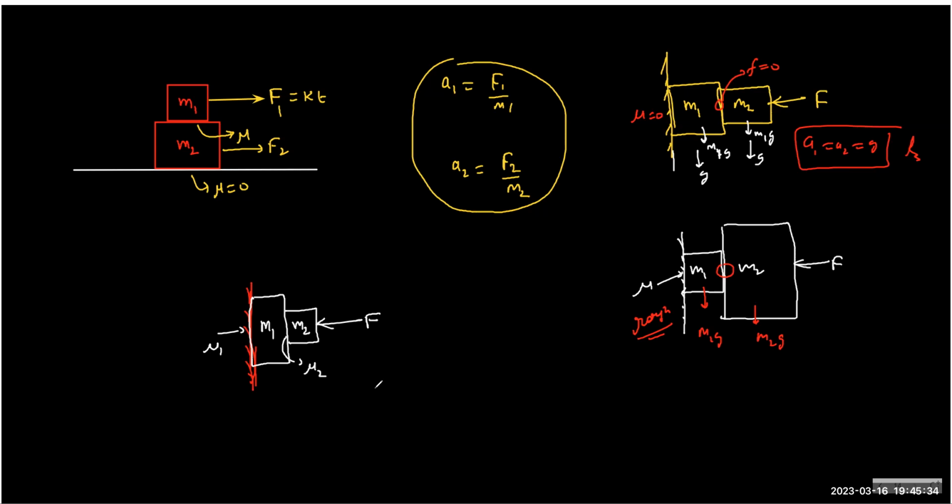So in this case, even with your assumption, which one can move faster, M2 or M1? Sir, if we're assuming no friction, then M2. Yeah, correct. So that is how you start.